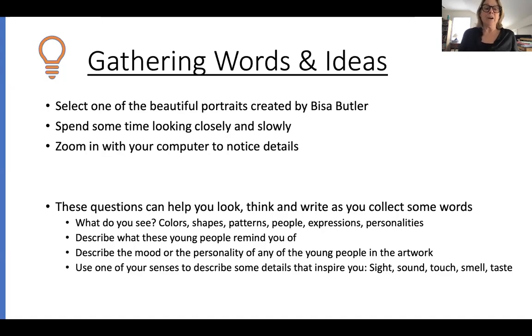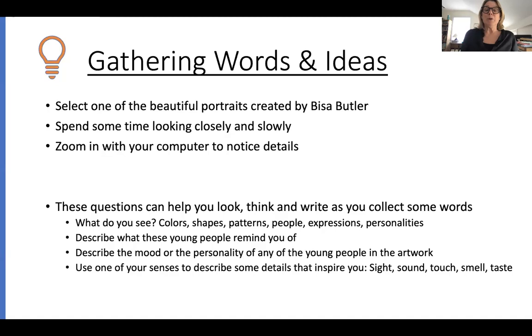a work of art, beginning very straightforwardly with what do you see? You can make some notes even if you're that inclined. What colors do you notice? Shapes, patterns, the people, their expressions, their personalities. You can describe what they remind you of. Perhaps they remind you of some aspect of yourself or someone that you know.